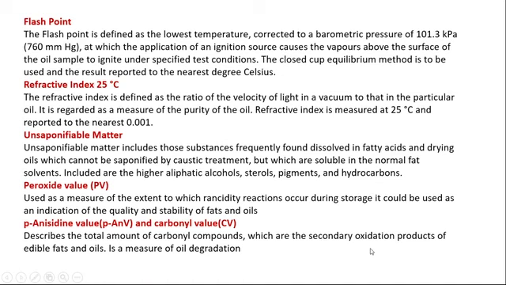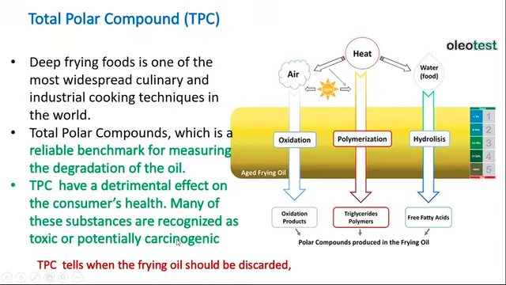So if you look at all the tests which have been given for fats and oils, you can tell the physical properties, the chemical properties, as well as the degradation of the oil. Now, another important parameter which has been included for the testing of oils is the total polar compounds, because it has been found that these total polar compounds are carcinogenic, and therefore FSSAI has included this in the list.